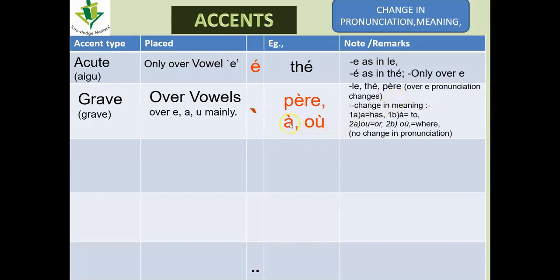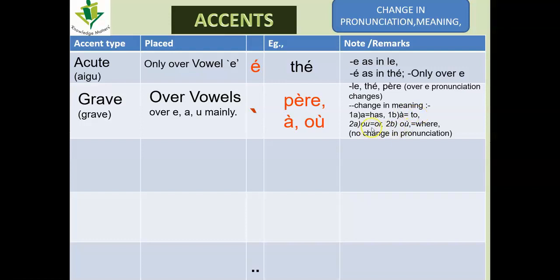However, over A or over U, the pronunciation does not change, but the meaning changes. A without an accent is pronounced as A, and the meaning is has. A with an accent is the same pronunciation, it can mean to or at.